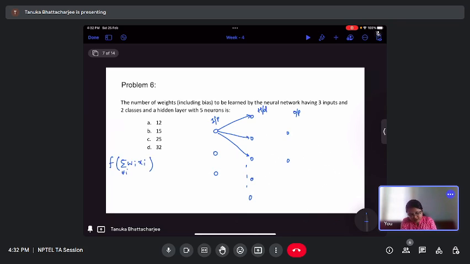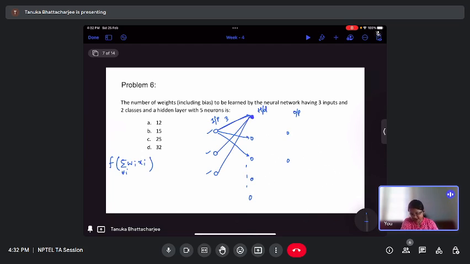If you consider first this neuron, it will do a linear combination of all these 3 inputs and then a non-linearity. So if it needs to combine 3 of these inputs, it will have 3 weight values, one corresponding to each input.